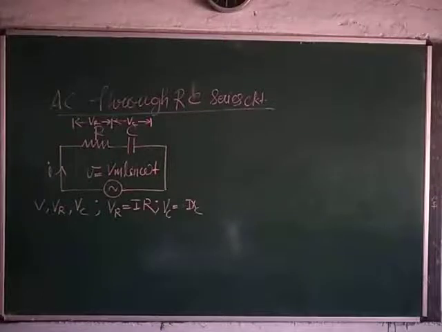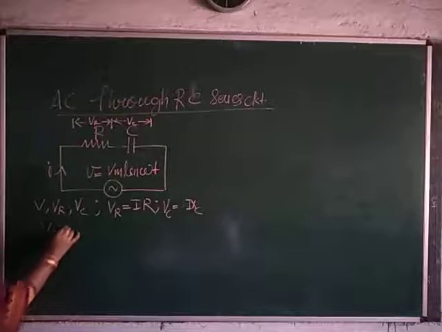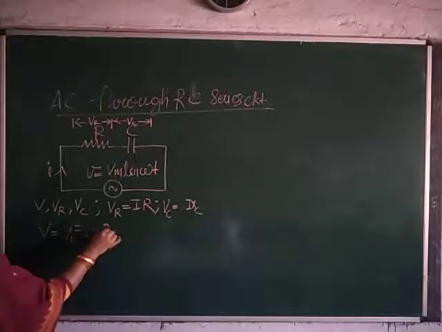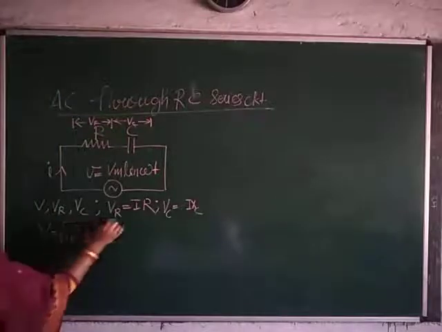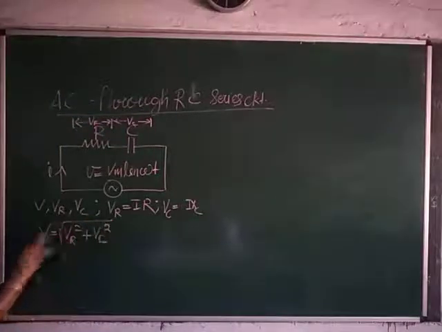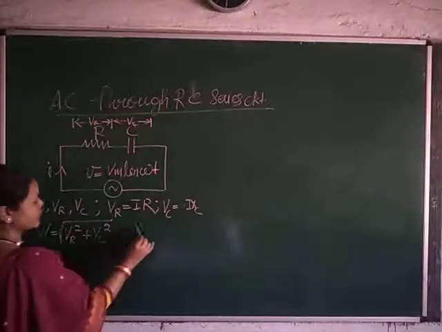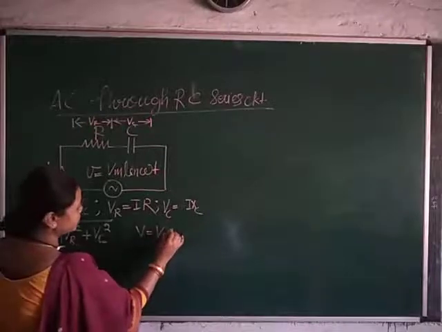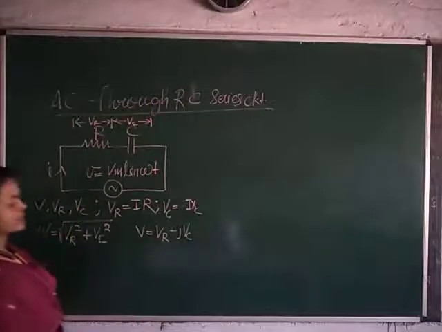Now, according to KVL, V is equal to the square root of VR square plus Vc square. This is the magnitude form. If I represent this in complex form, V equals VR minus j Vc.